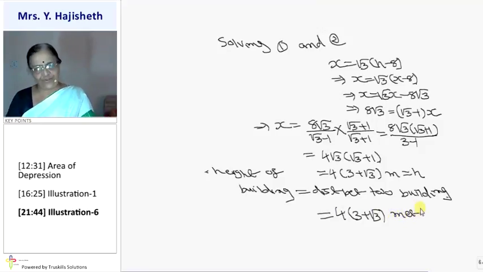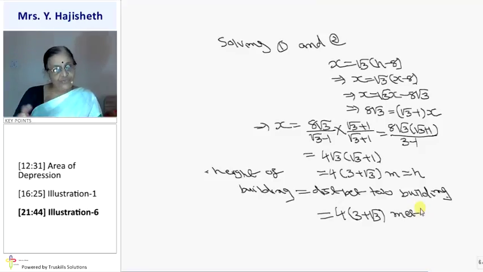Again I applied trigonometry. Here language को समझना बहुत जरूरी है. If you don't understand the language, you won't get the correct figure. And when your figure is not correct, your method or your calculation is not correct.